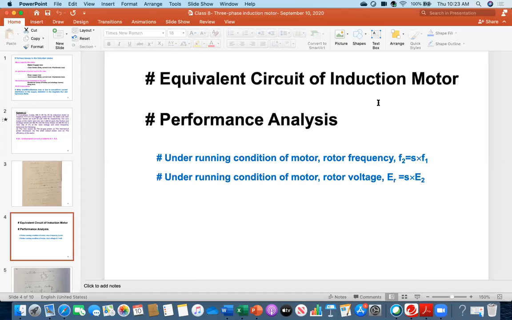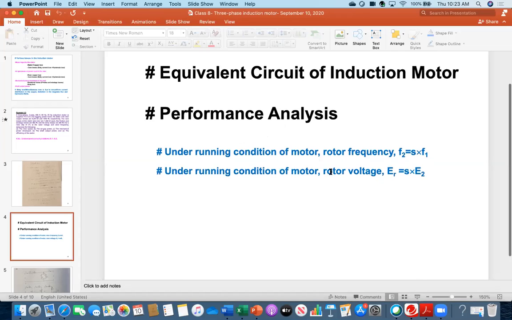It has an exactly similar type of equivalent circuit. That equivalent circuit is very important to analyze the system performance. How does the motor behave? What are its characteristics? To understand the motor performance, that equivalent circuit is important. So now we will look at how we can construct it.